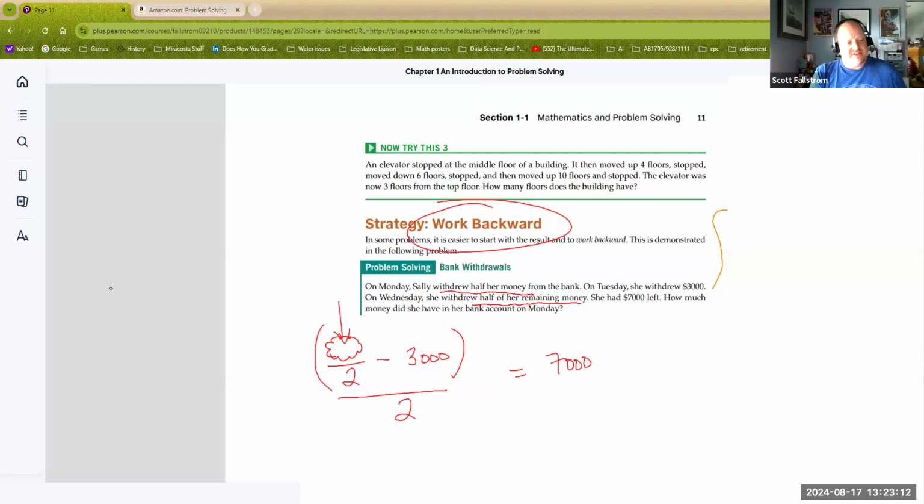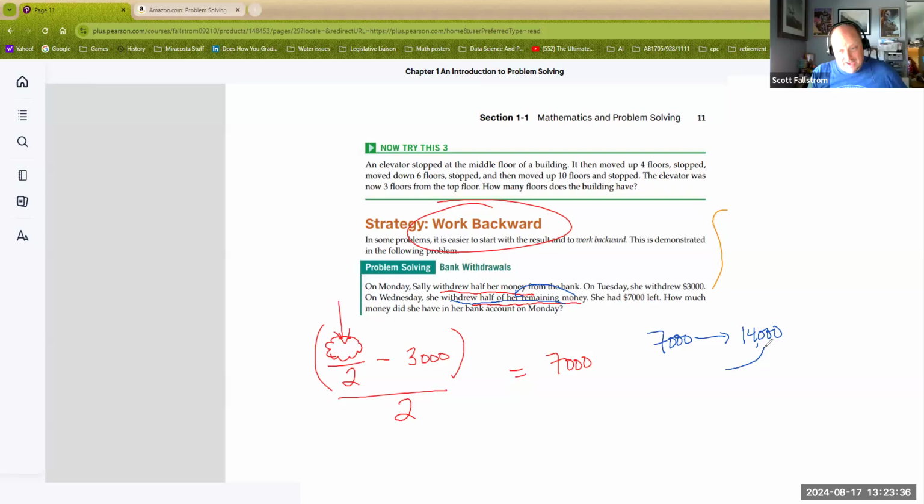The reason why I wanted to set up algebraically is if you went backwards and said, okay, she had $7,000, then what? We know it says she withdrew half her money, but if you're working backwards, instead of taking half of her money, she puts in that amount of money, which means she should have $14,000, right?